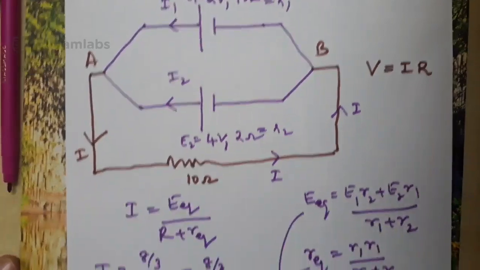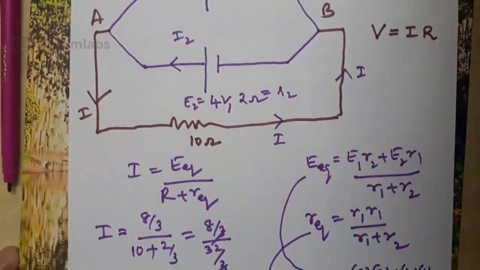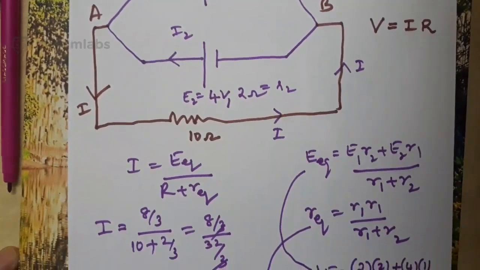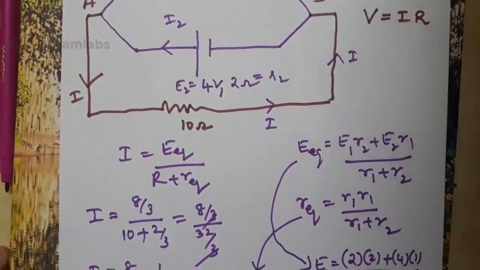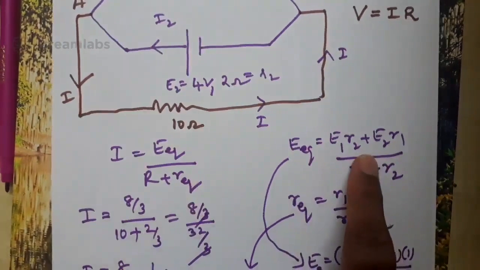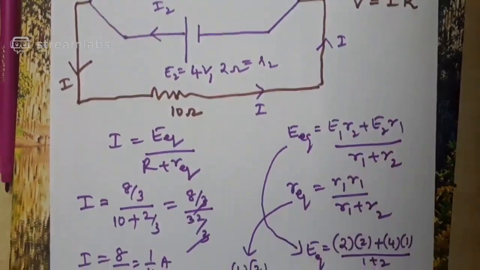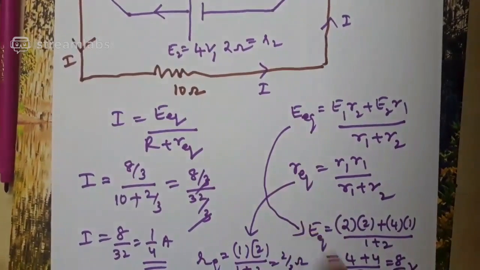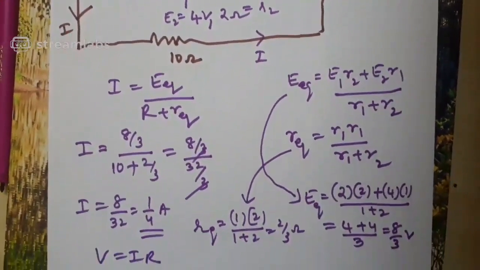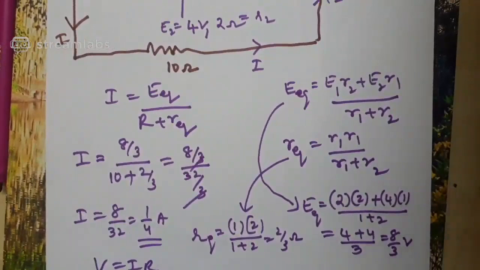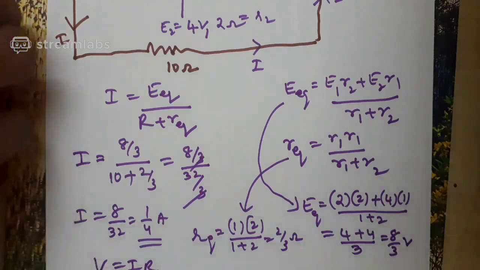Circuit diagram you copied, expression for the current you copied, I is equal to E equivalent by R plus small r equivalent. Then the formula for E equivalent, E equivalent is E1 R2 plus E2 R1, and substitution was done for E equivalent. Then we were solving for R equivalent.